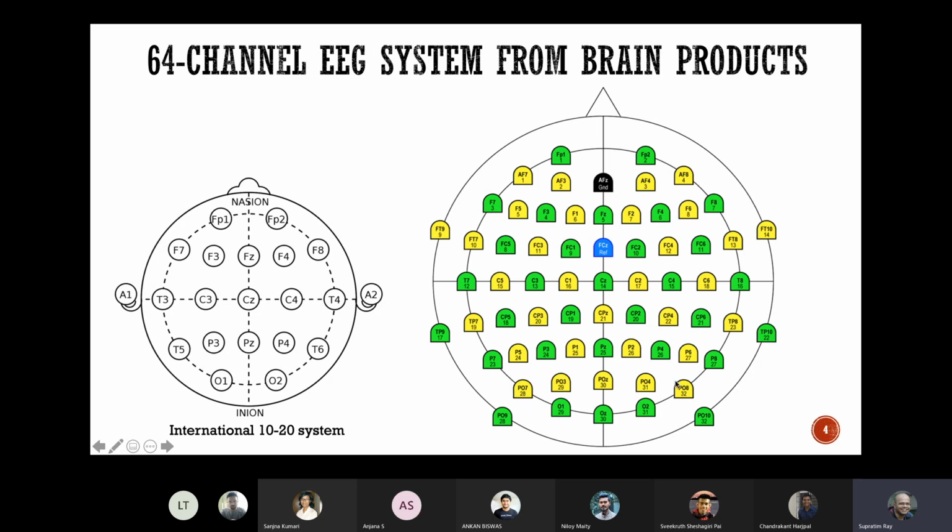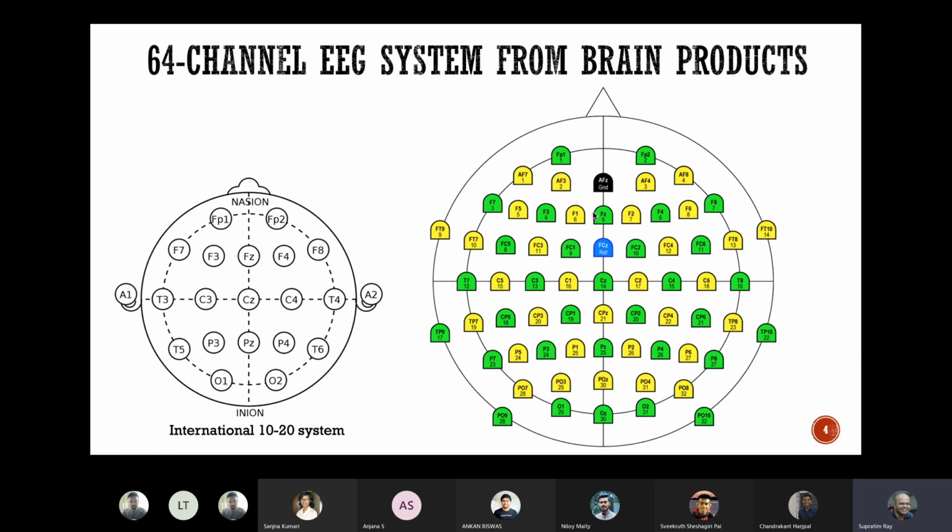So it's parieto-occipital. These are centroparietal and so on. Fronto-central, FC3 and so on. So now because you have more electrodes, the names are defined in a similar way. And then usually there's a ground and a reference electrode. I will tell you about these in some time when we talk about referencing.